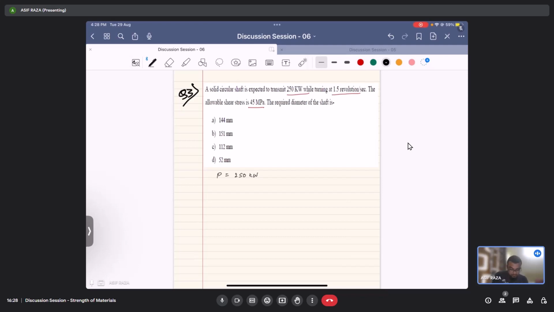I can just convert it into, this is equal to 2.5 into 10 to the power 5 watt, or 2.5 into 10 to the power 5 Newton meter per second, and then you can write it as 2.5 into 10 to the power 8 Newton mm per second.